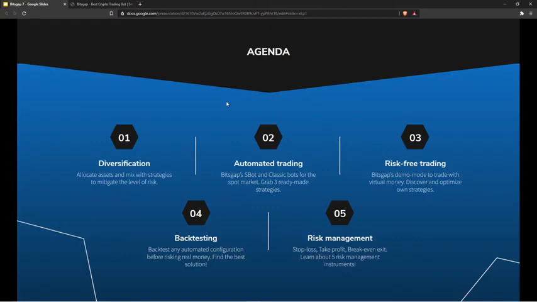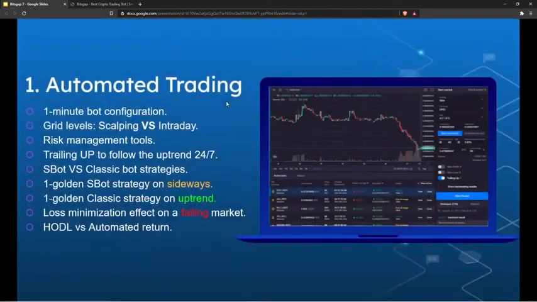And of course, we will talk about risk management, like what are the instruments that we have at Bitsgap to minimize your potential loss and to secure your unrealized profits. In previous webcasts, we focused on the trading terminal because we have a brand new terminal through which you can trade not only the spot market, but recently we enabled trading the futures market as well.